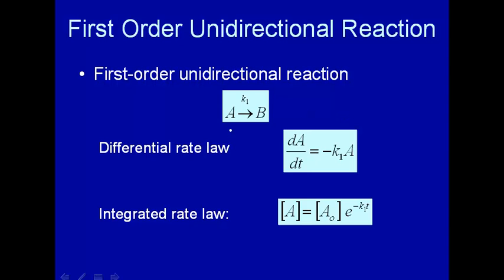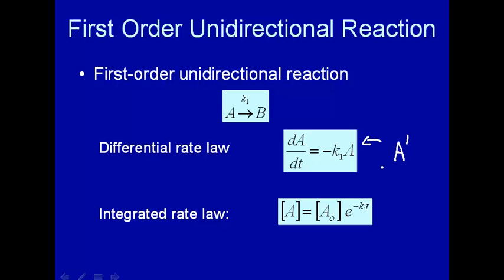Again, since A appears just to the left of this step, the rate is proportional to A to the first power. k1 is a proportionality constant, and we have a negative sign here because A is disappearing as this reaction proceeds. So there's the differential rate law, and here A is raised to the first power. So this rate law is first order in A and first order overall.